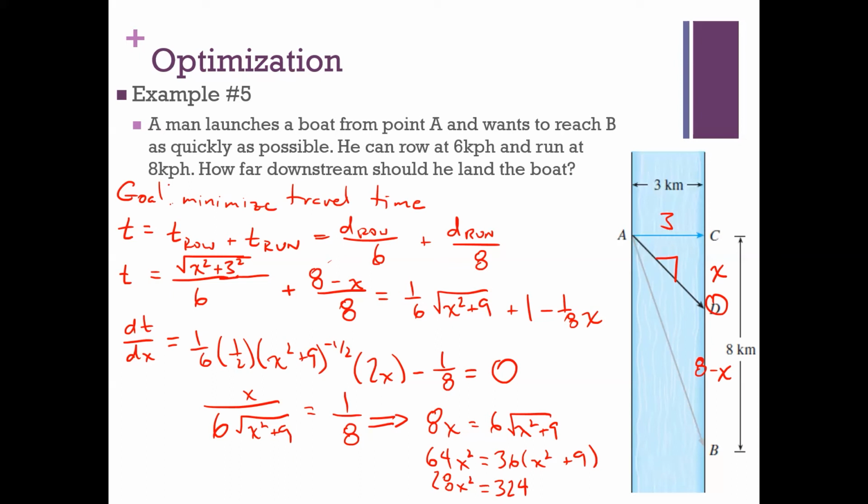So from here, we should be able to find an x value, right? So x squared equals 324 over 28, which is equal to 81 over 7. So final answer in our margin here will be x equals 9 over the square root of 7.